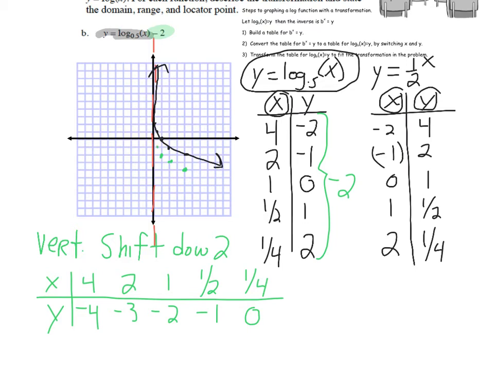And 1/4 is 0. That's right there. Here's what my graph would look like for y equaling the log base 1/2 of x minus 2.